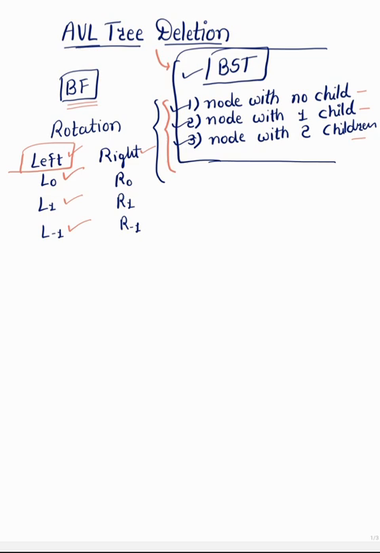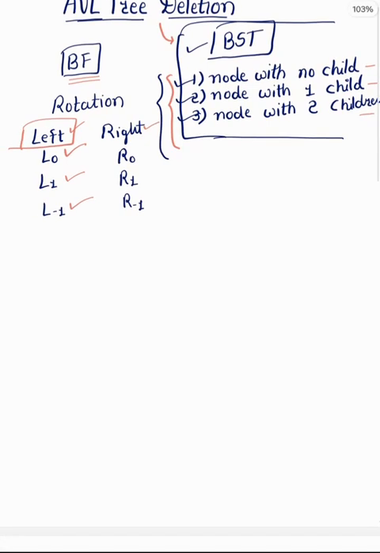Suppose I take a tree. Suppose I have 45, then 36 and 27.